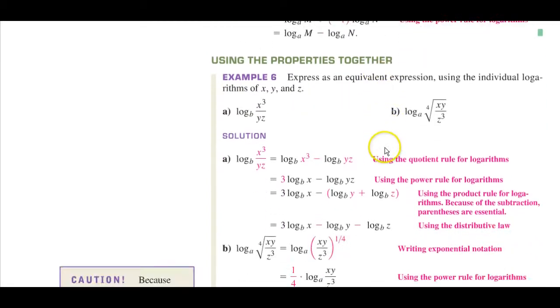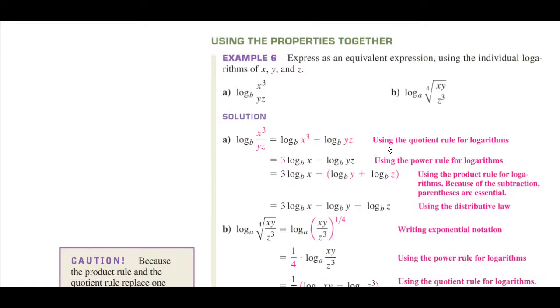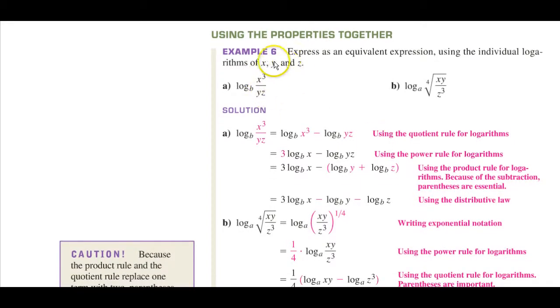Okay, let's go on to use some of these properties together now as we, in example 6, express as an equivalent expression using the individual logarithms of x, y, and z. Now, they have it all written out here, but maybe what I'll do is write it out over here. I think is helpful. So what do we have here?